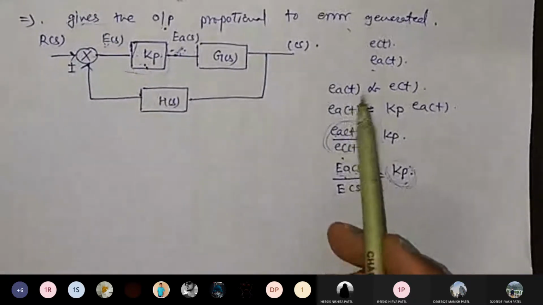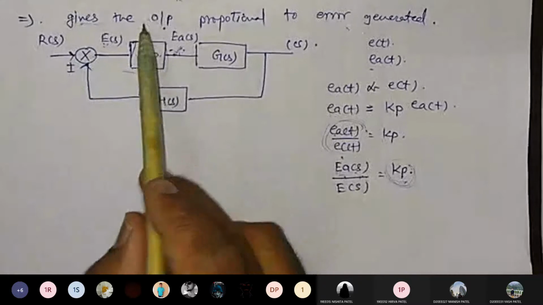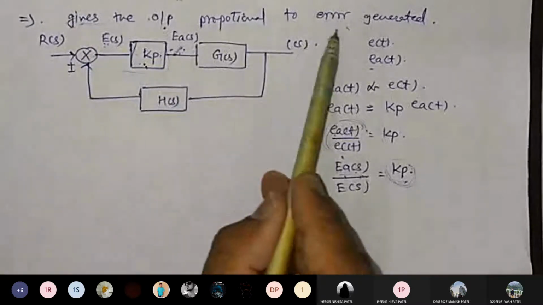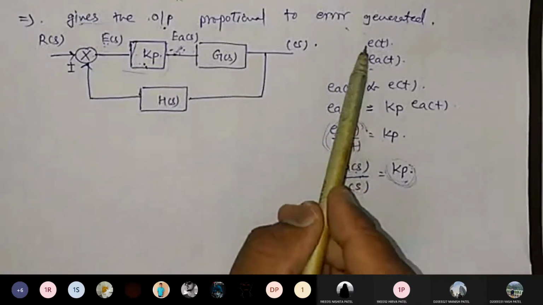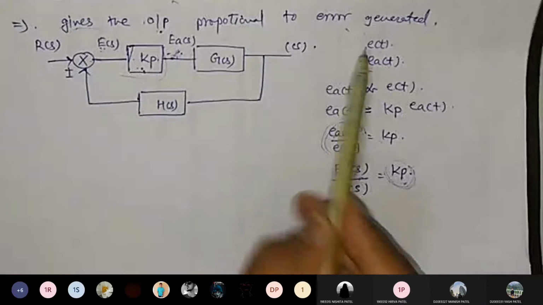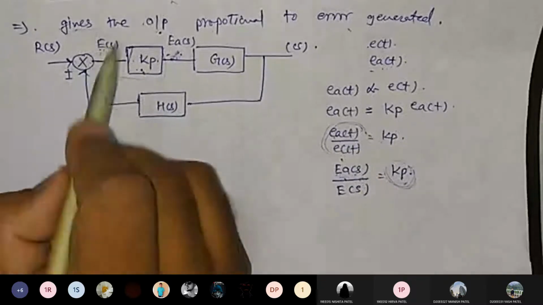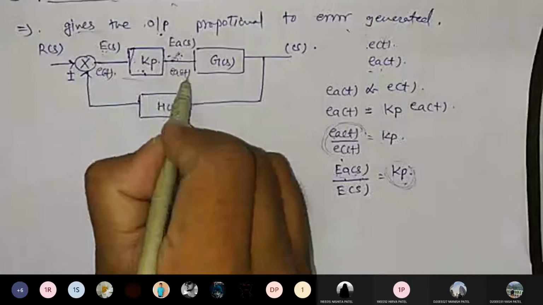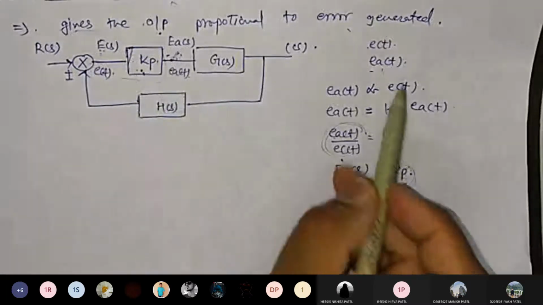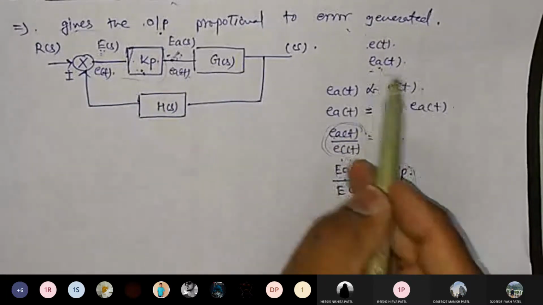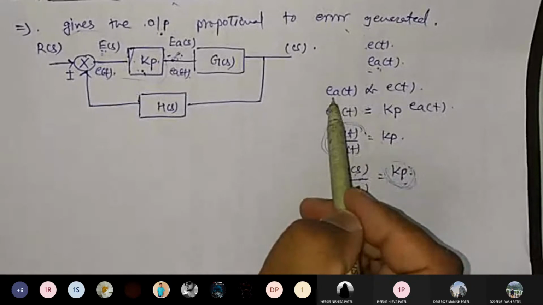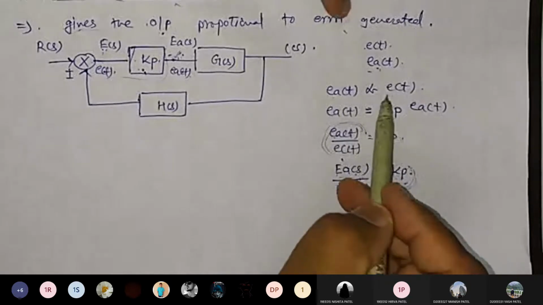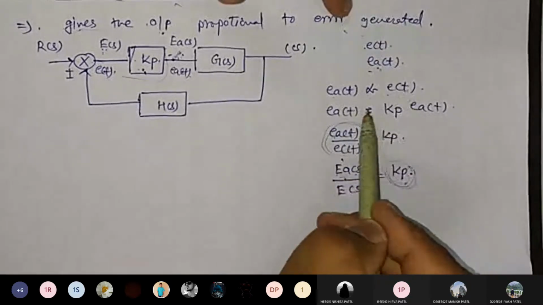I am explaining again. According to the definition of the proportional controller, it gives the output proportional to the error generated. Let us say the error is E(t), and the output of the controller I am naming Ea(t). So Ea(t) is proportional to the error generated.